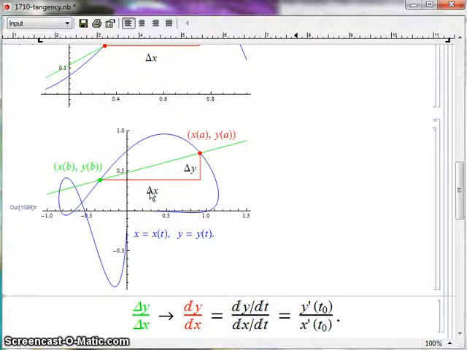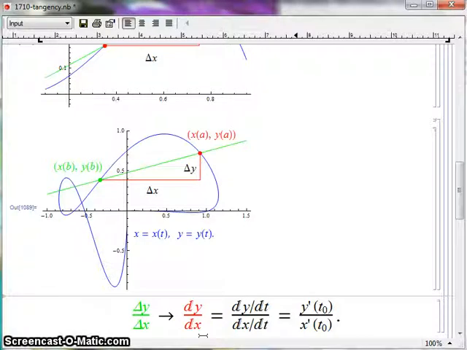As we move the second reference point closer and closer to the first, this secant line will get closer and closer to the tangent line, which will look kind of like this. And what kind of limit do we have? Rise over run, delta y over delta x, will approach the infinitesimal case, dy over dx, the slope.